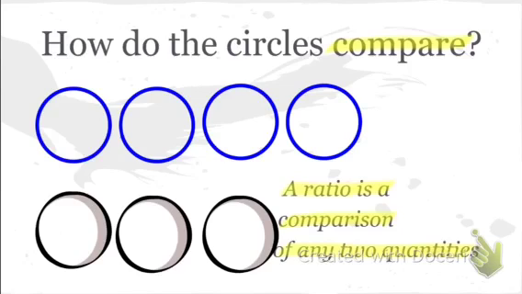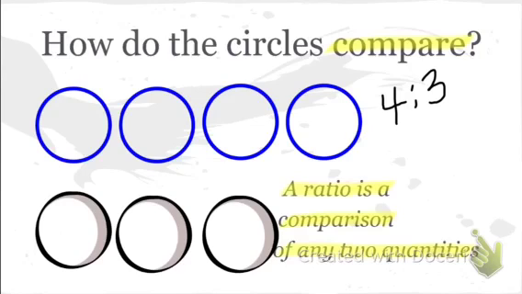Okay, so maybe some of the comparisons you came up with is you compared the blue circles with the black circles. And in that case, you could have said there were four blue circles for every 3 black circles.